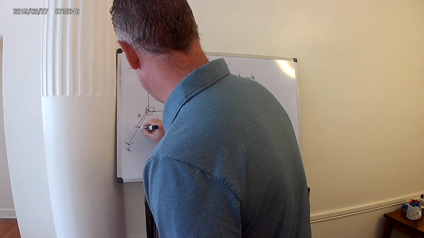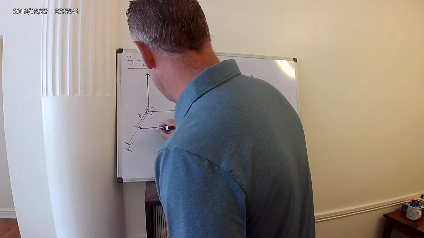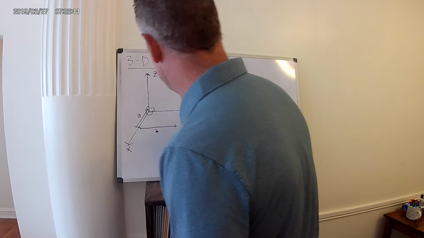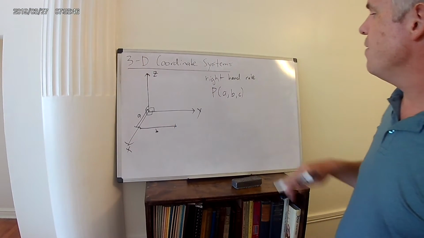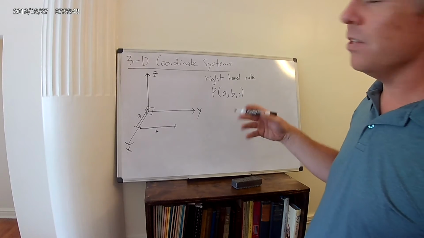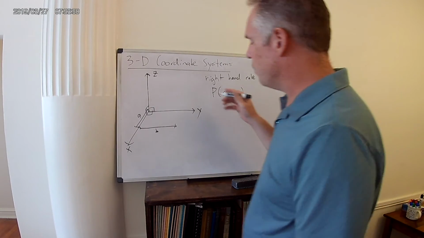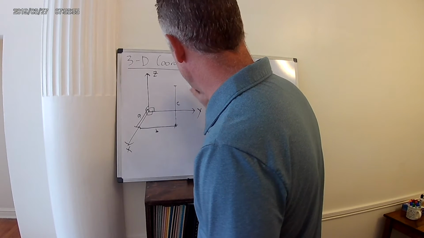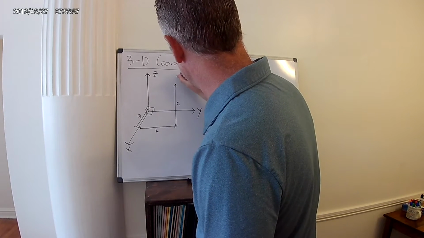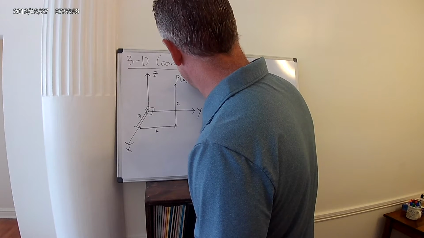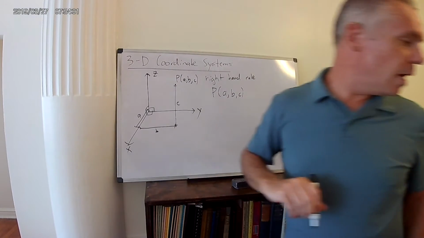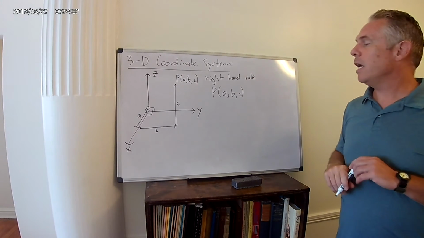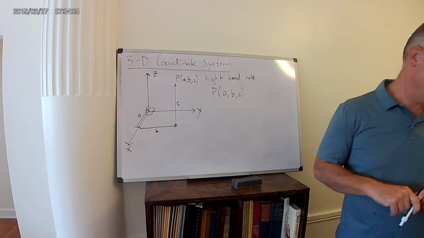And so we'll do that. Let's say this is b units here. So that moves us to this point right here. And then finally, the c here tells us the z coordinate. And so for c, we move up by an amount c units, and this locates the point P(a, b, c). So this is a simple way to locate a point in a 3D coordinate system.